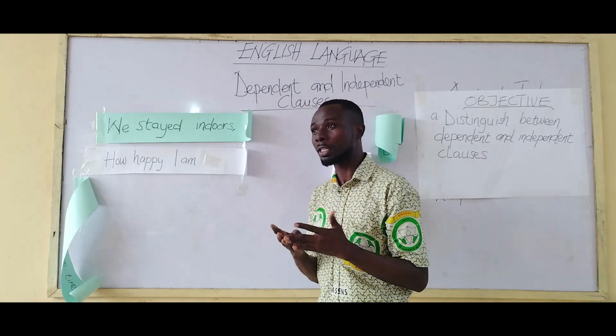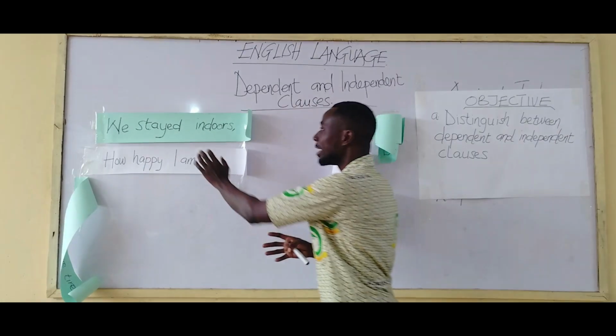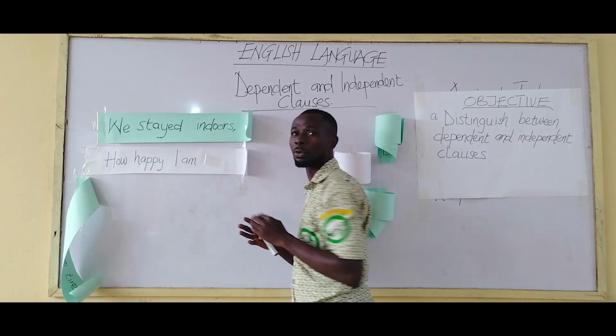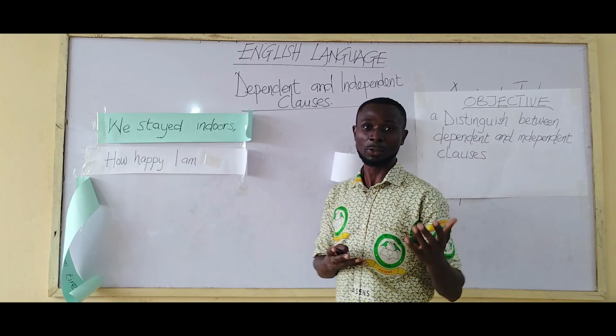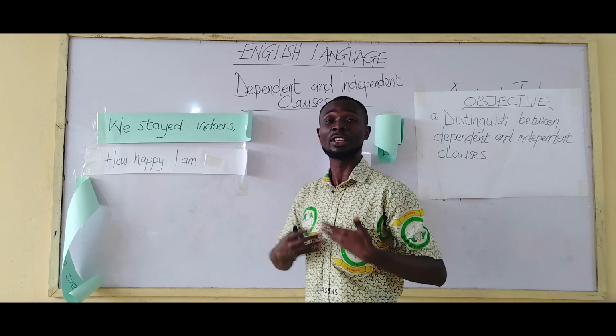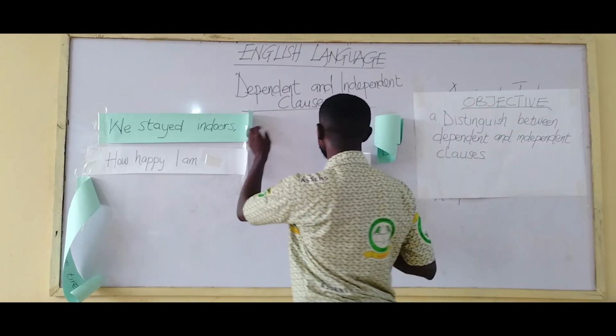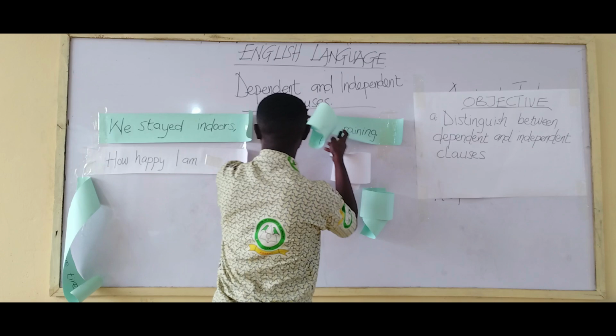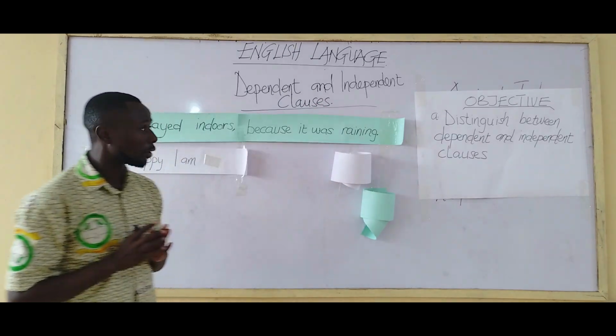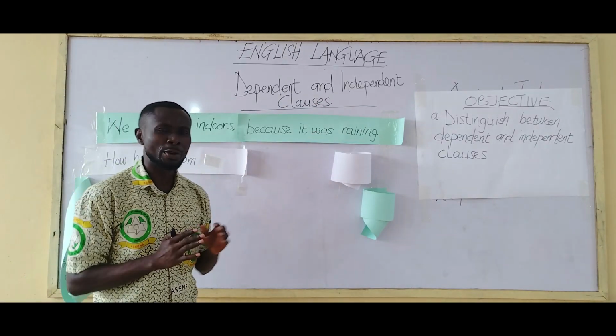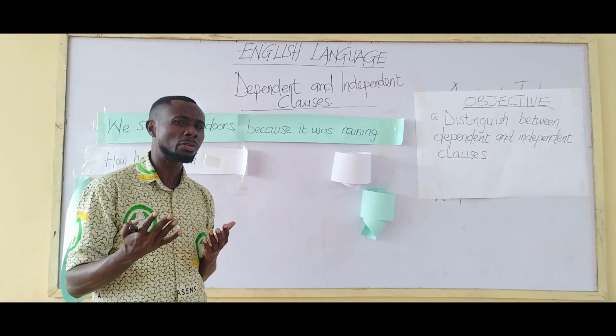Remember, a simple clause can also be a simple sentence. So this type of clause is what we call an independent clause because they stand on their own to give a complete thought. Look at this clause. Because it was raining. Is it giving any complete thought?